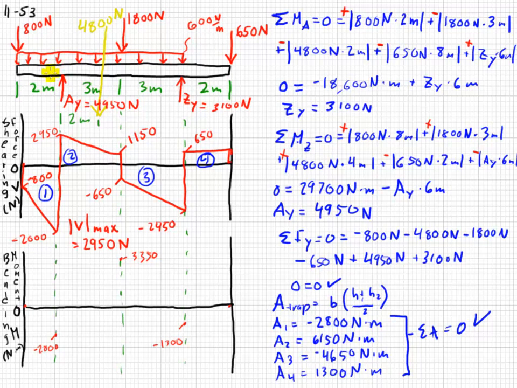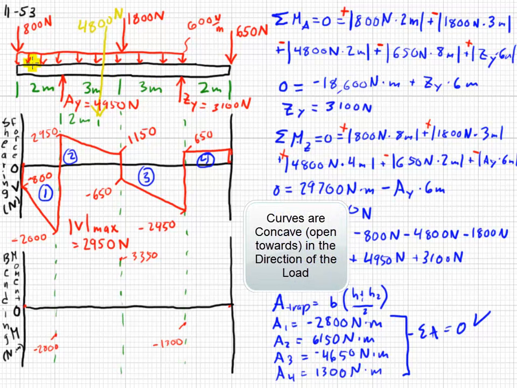Now for the curves. The curves are concave in the direction of the load. So if the load's going down for the distributed load, then the curve will face down. So it'll be concave down. So it will look like this.